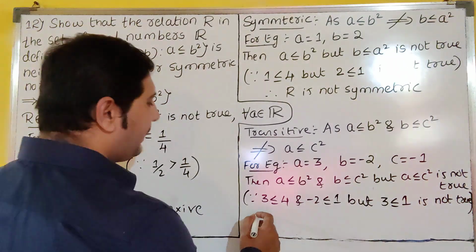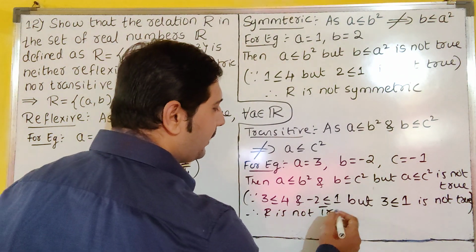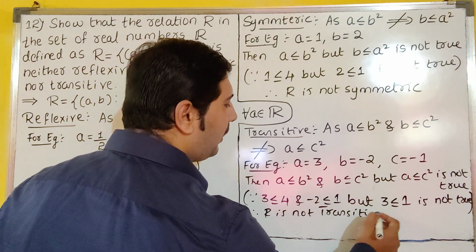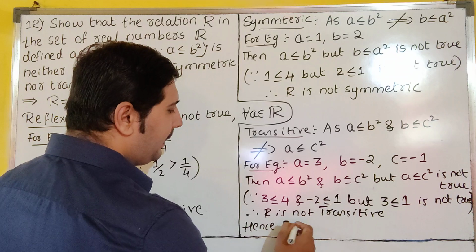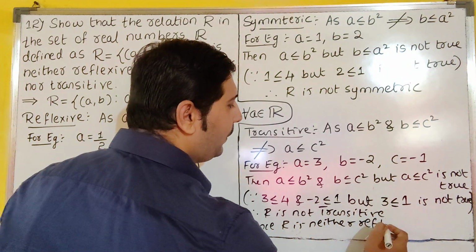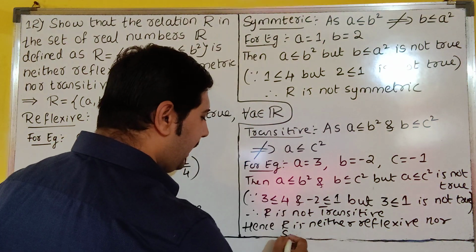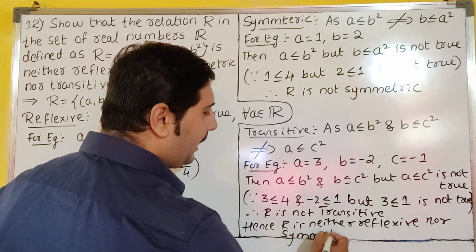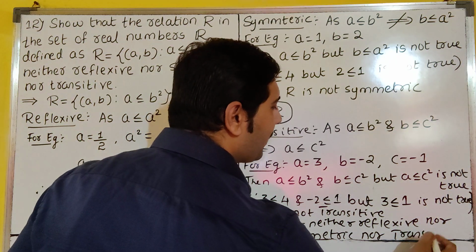So therefore you can say R is not transitive. Hence R is neither reflexive nor symmetric nor transitive. I hope you understood this.